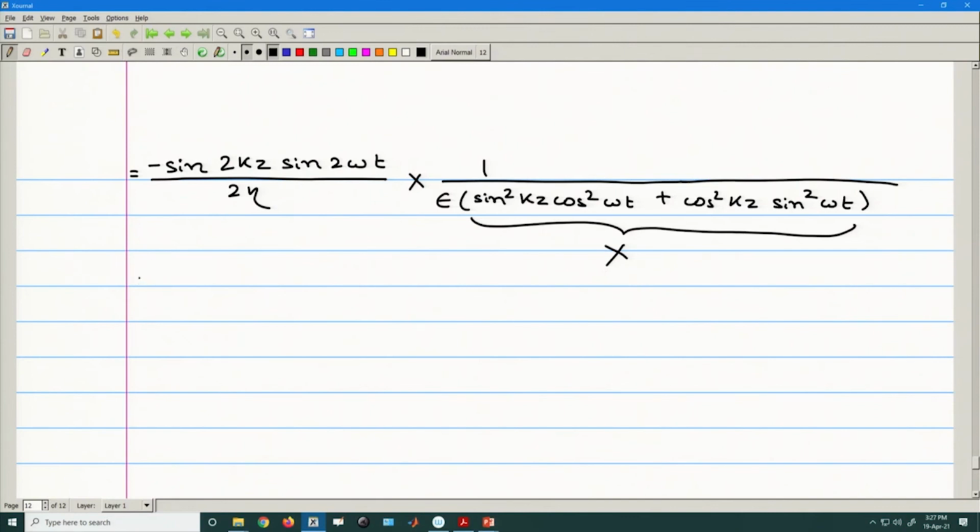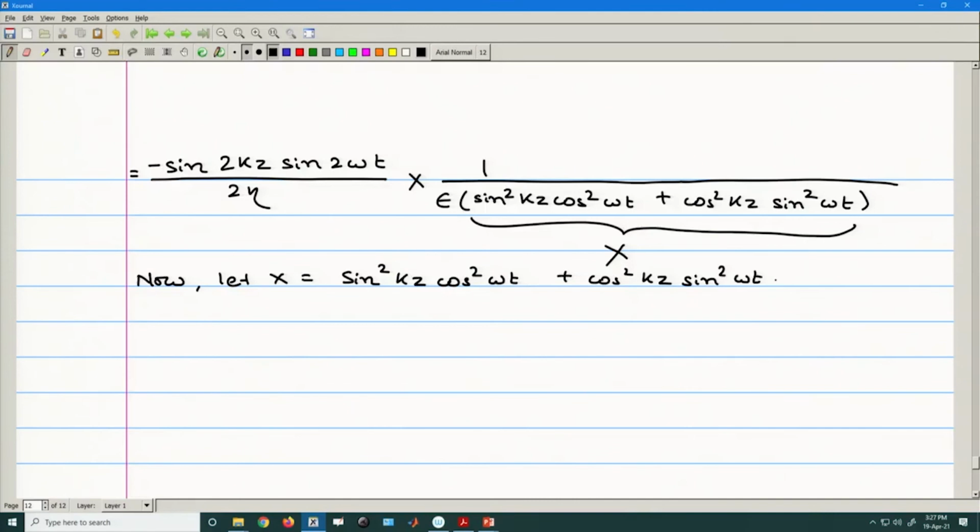So we now solve this x. Now let x be sine square kz cos square omega t plus cos square kz sine square omega t.